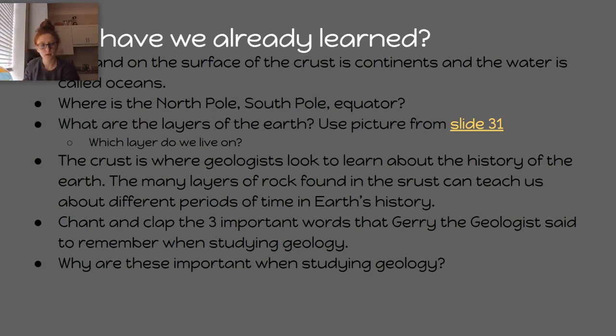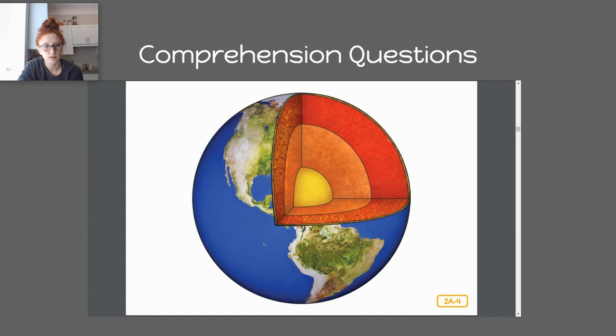Okay. Who remembers what the layers of the Earth are? What are the layers of the Earth? We've got the one that we live on, which is the crust. We have this next one, which is the mantle. And then these 2 parts make up the core.